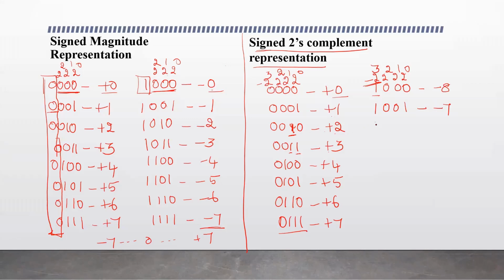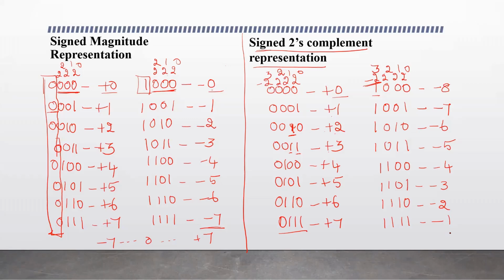Okay, 1 0 1 0 is minus 6, 1 0 1 1 is minus 5, 1 1 0 0 is minus 4, 1 1 0 1 is minus 3, 1 1 1 0 is minus 2, and the last number 1 1 1 1 is minus 1.